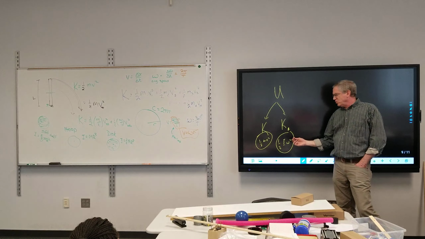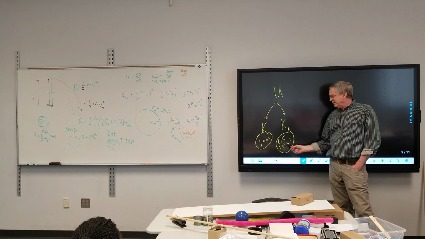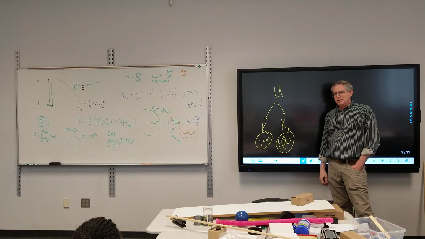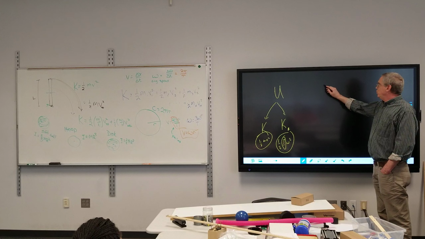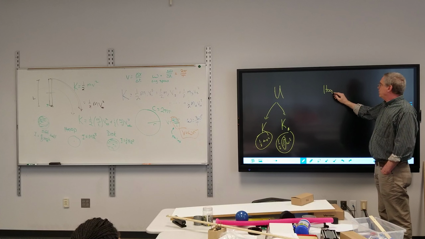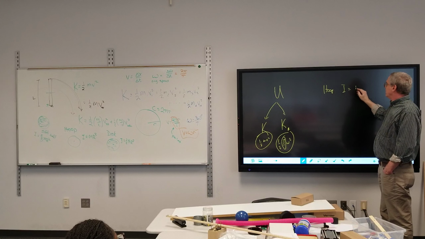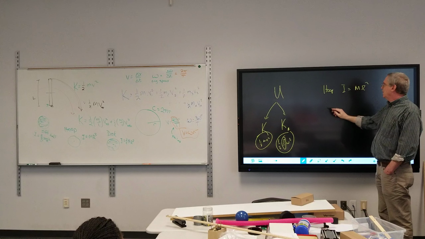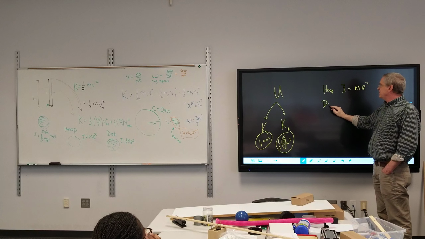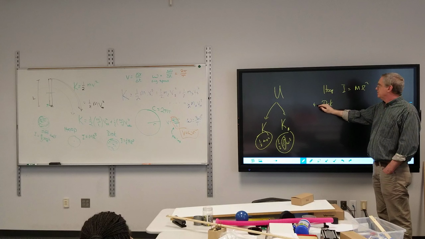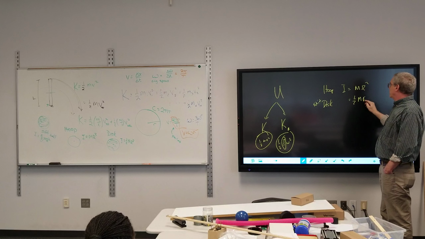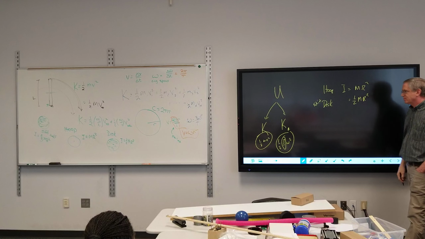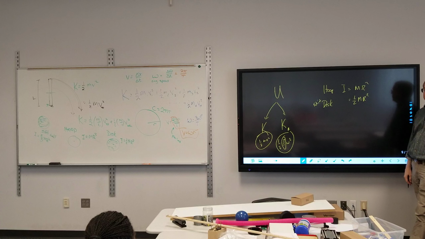Well, what's going to make a huge difference here is that moment of inertia. If I look at the hoop, the moment of inertia of the hoop was mr squared. The moment of inertia of the solid disk is 1/2 mr squared. What's the big difference between these two formulas? 1/2.